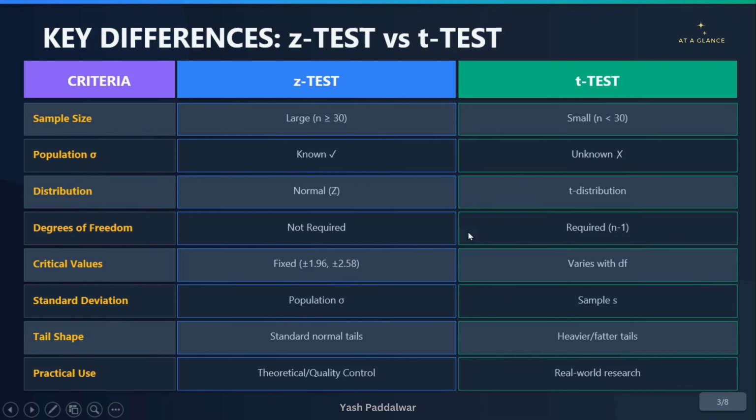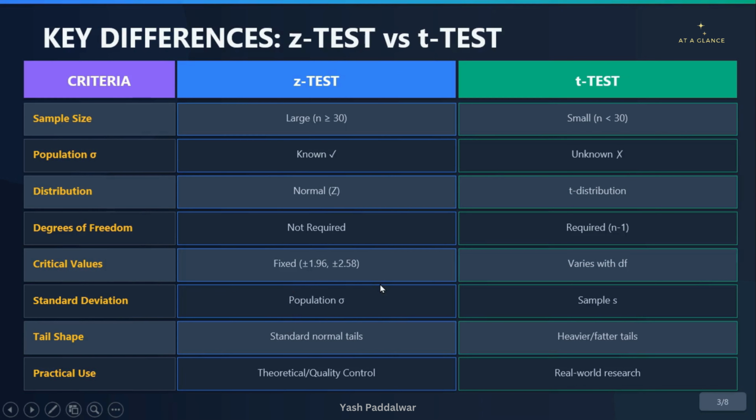Now, talking about the t-test, the critical values vary. The critical values change with the degrees of freedom. Because this new parameter, degrees of freedom, gets introduced in the t-test, the critical values differ based on it. They won't be fixed. Now the next criteria is standard deviation. I already discussed in the second point that in the Z test we require the population standard deviation.